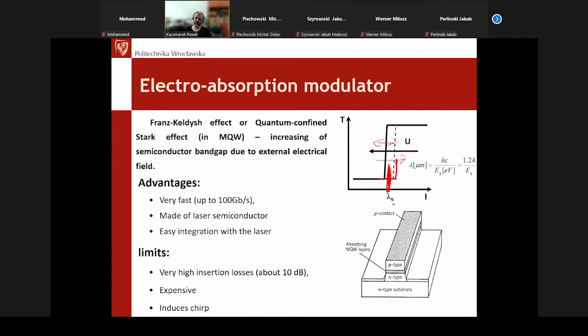If we move this absorption edge, this is the transmission, so the left side is absorbed, so increasing the voltage will move our absorption edge to the left, so it slightly increases the band gap of the semiconductor and makes this semiconductor start to be transparent for this certain wavelength.